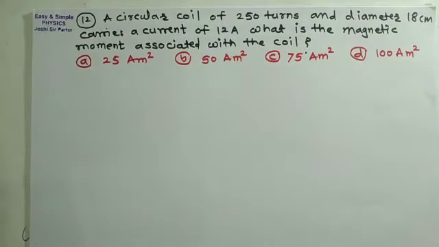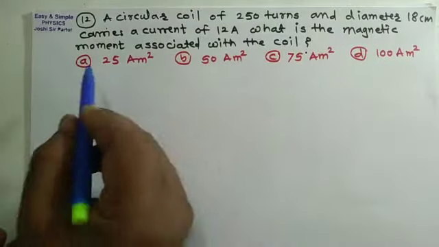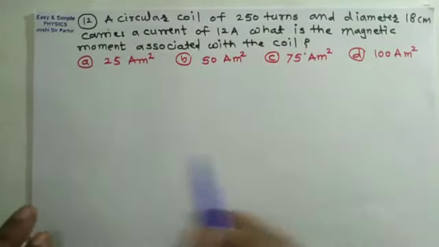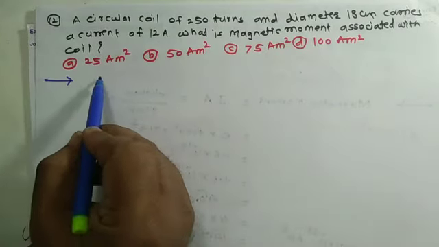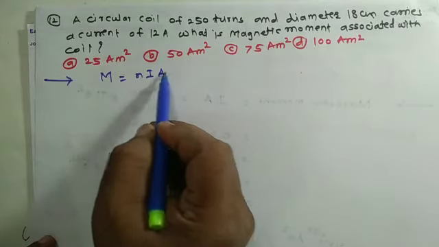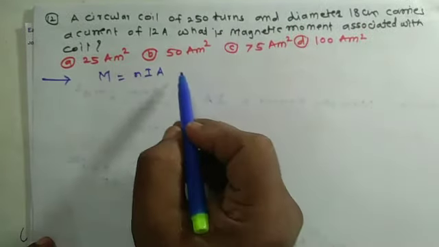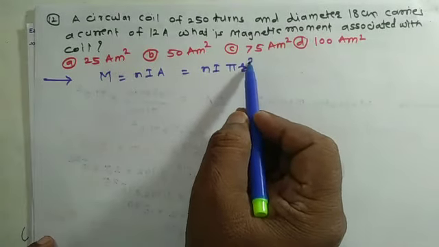Again, if we solve another example, for a circular coil of 250 turns and diameter 18 centimeter, carrying a current of 12 ampere, find the magnetic moment associated with the coil. The example can be solved by using a formula. Magnetic moment is equal to N I A. So for a circular coil, it is N I pi r square.